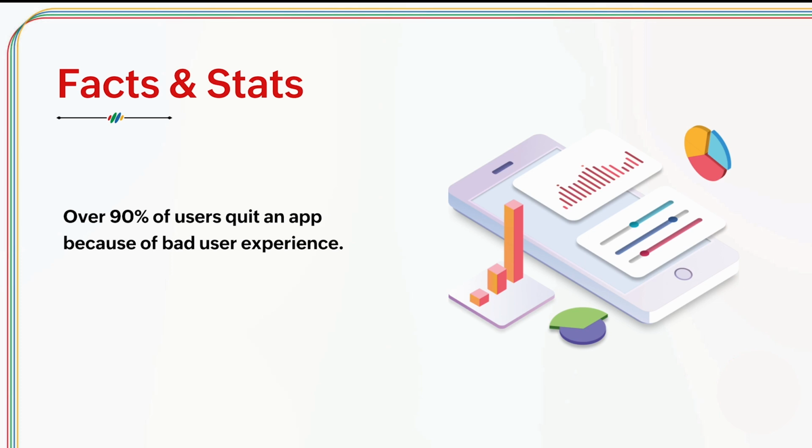And as you can see here, there are studies that prove that over 90% of users quit an app just because they had a bad user experience. And we all don't want that to happen to our apps, isn't it? Do we? No, right? So when we create a product or an app, we put our heart and soul into it. And it is basically a continuous quest to improve it.